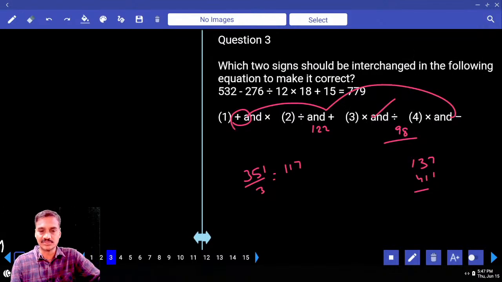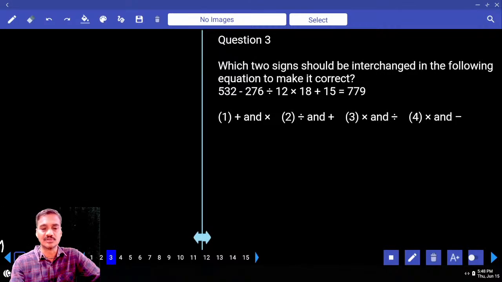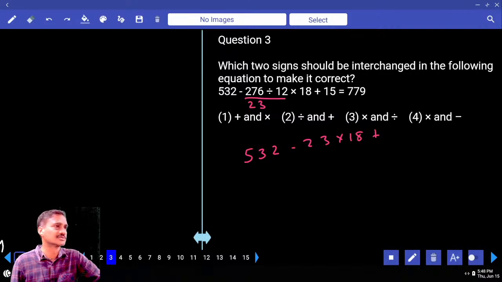Then coming to question number 3. In this one, which 2 symbols do we need to interchange? Plus and into. If you interchange these two, 532 and 276 divided by 12. Now 276 divided by 12: 12 2s are 24 and 36 means 12 3s, so 23. Then 532 minus 23, the next one into 18, into 18 plus 15. Must plus and into be interchanged or not?